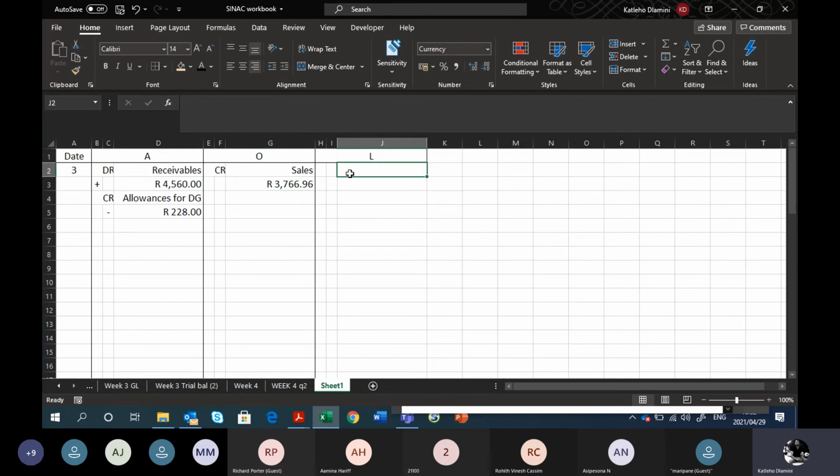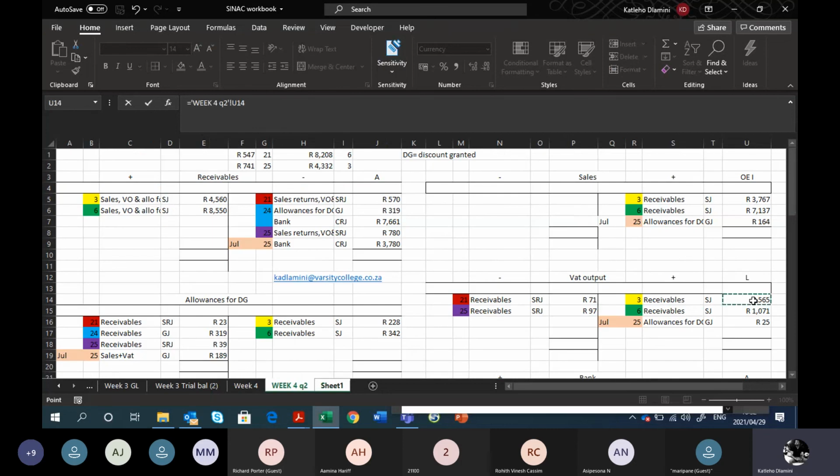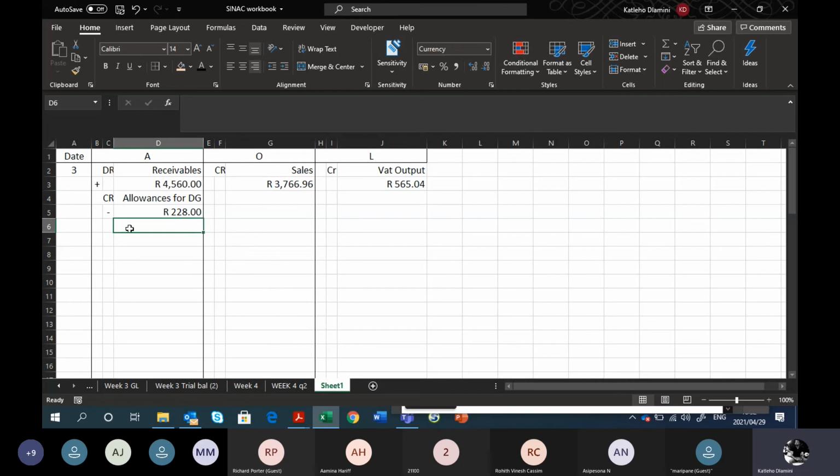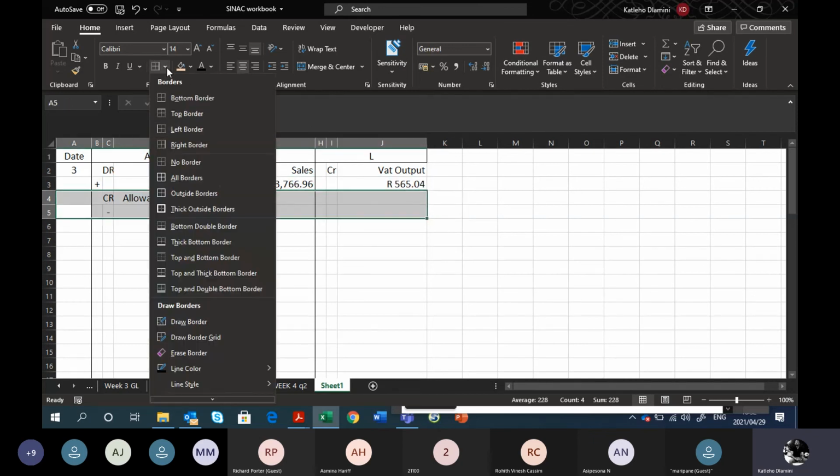And then finally, your VAT output credited the amount of 565 Rand. Okay, so that's your number 3 over there. Put a line if you want.